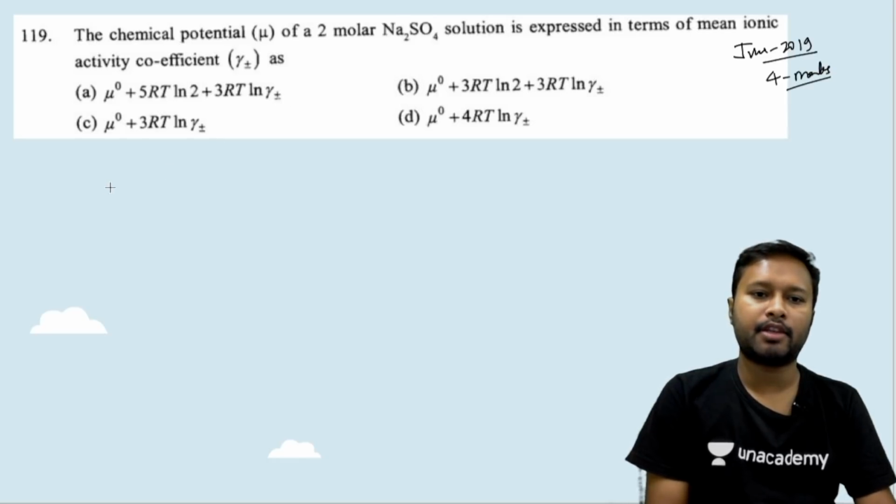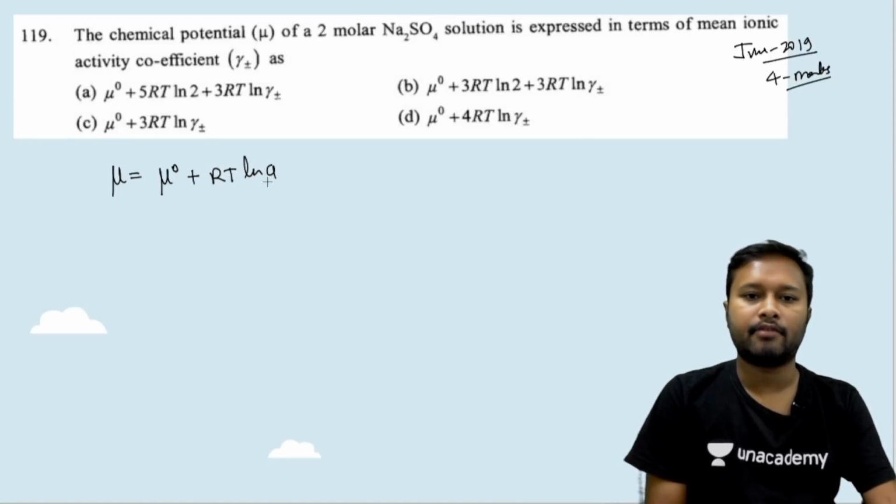The chemical potential mu is expressed in terms of activity, that mu is equal to mu naught plus RT ln a, where a is the activity of the solution.